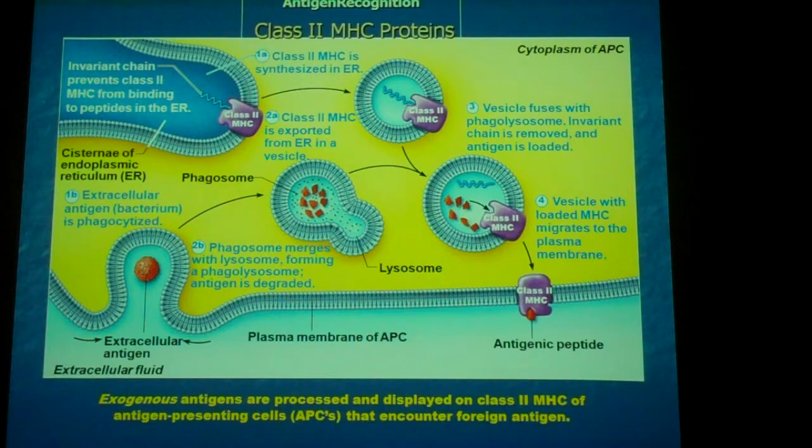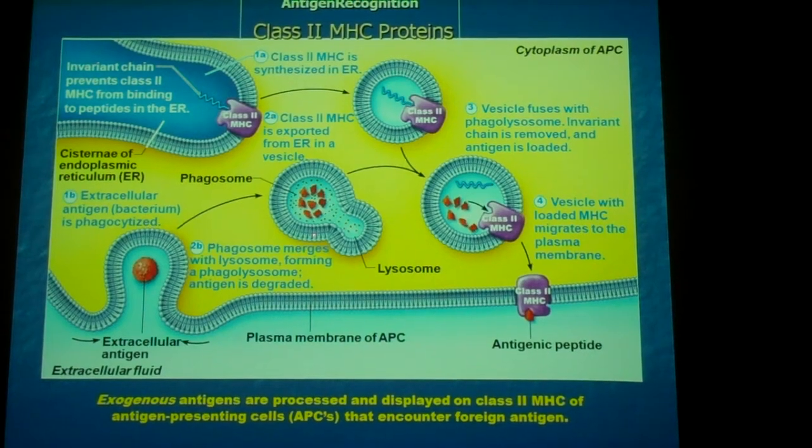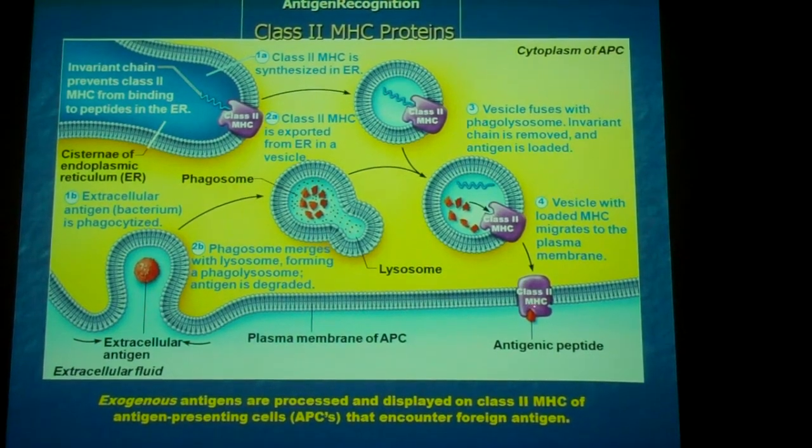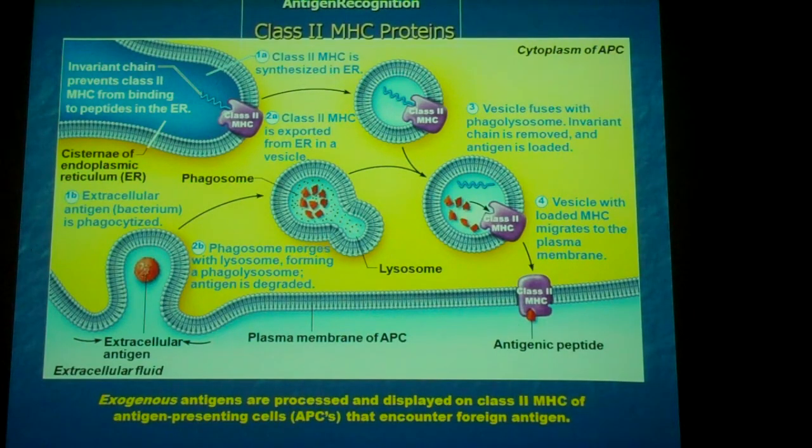for class 1. So they phagocytize the antigen, break it down internally, and present a fragment of it on their cell membrane. And they can take that fragment of the antigen and place it to places where there are lymphocytes. Where do we find a lot of lymphocytes?